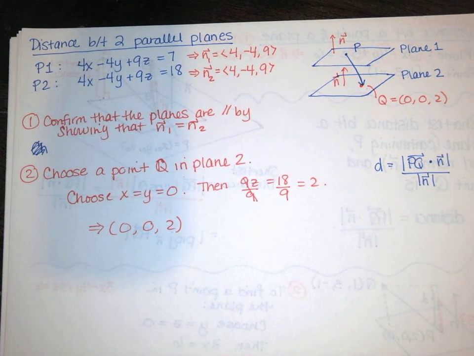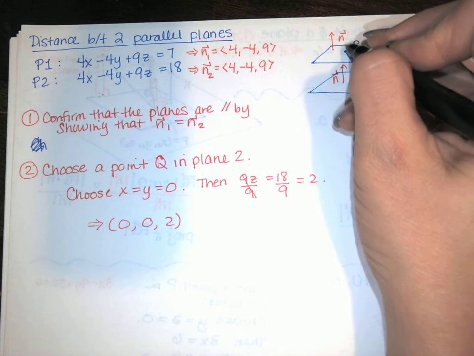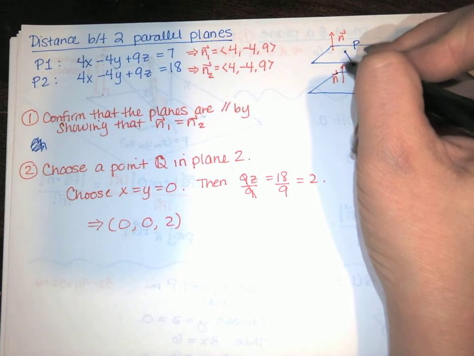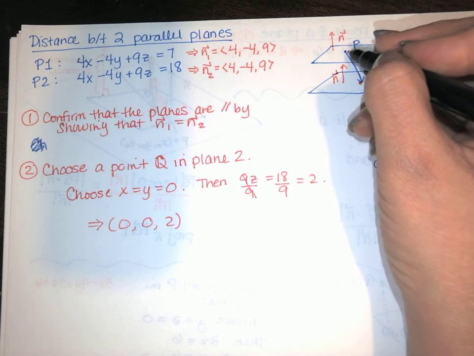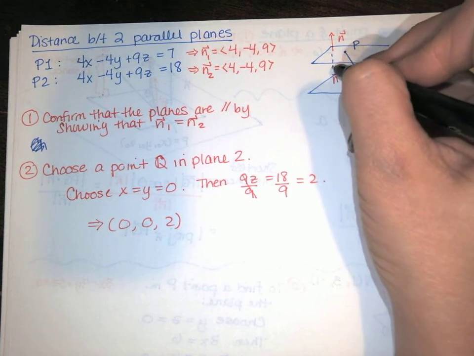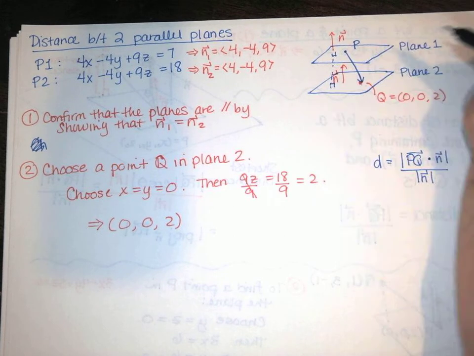The geometry is not as obvious because of the way the vectors are pointing, but I could just as easily flip this one upside down and make it point this way. We want the projection of PQ onto the normal vector n. That's going to be the distance between the two planes.